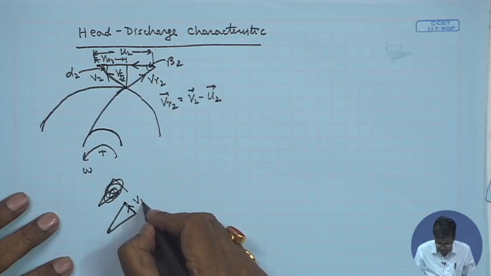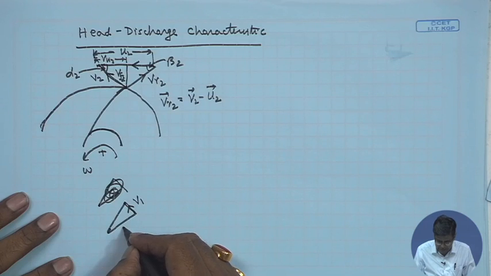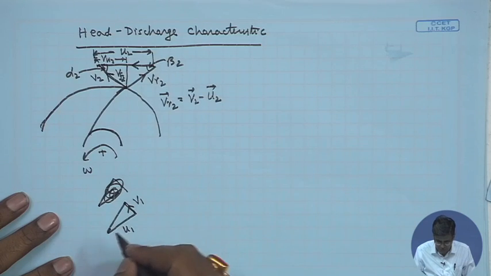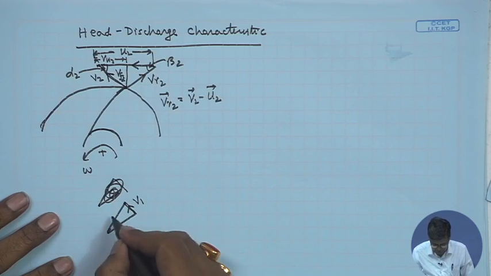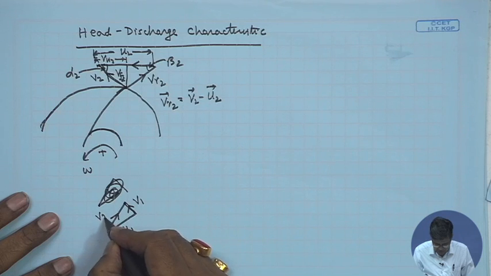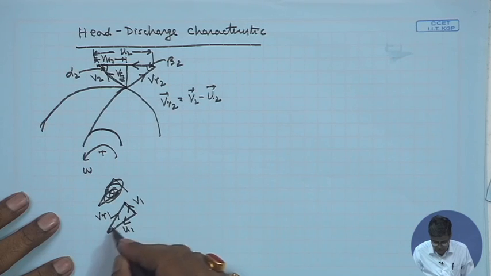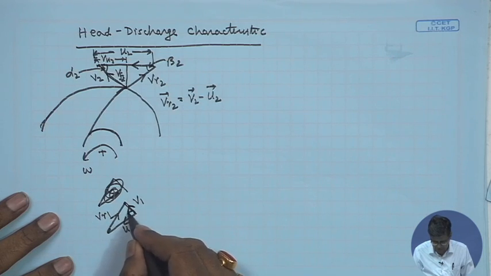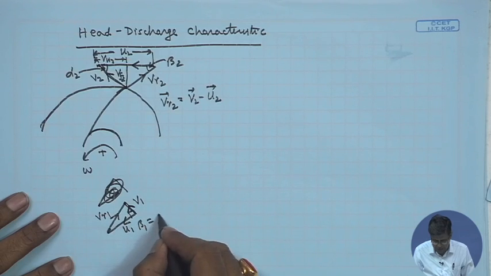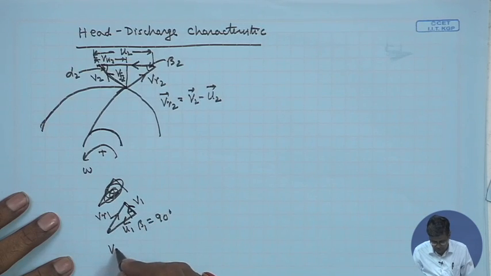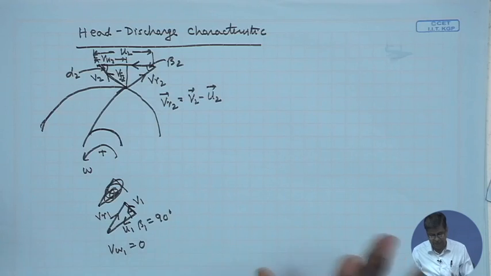So, it is in the radial direction, this is the tangential direction. So, this is Vr1, this is U1, and this gives the V1, where this is the beta 1, which is 90 degrees, because Vw1 we want as 0. This was discussed earlier.